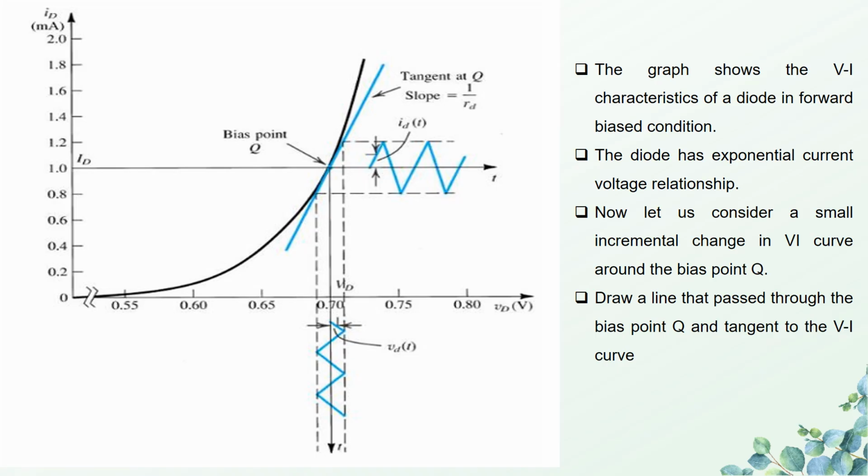So corresponding to this voltage we are having a small incremental current ID which is represented in the x-axis. So now we are considering a tangential line that is passed through the bias point Q.